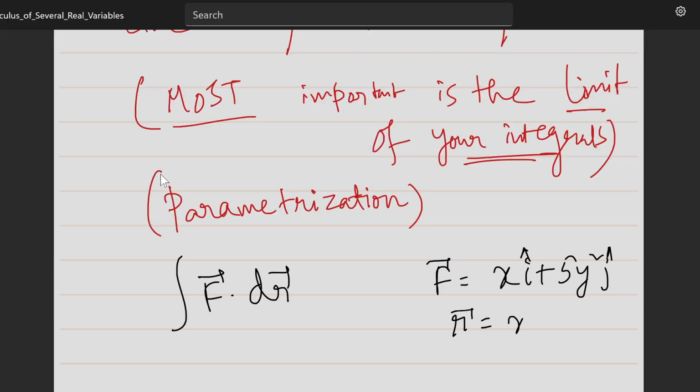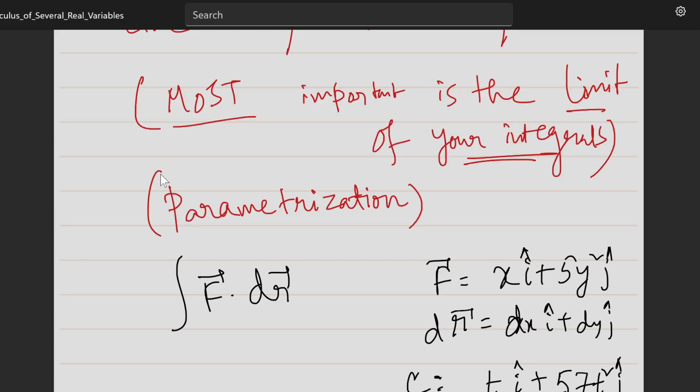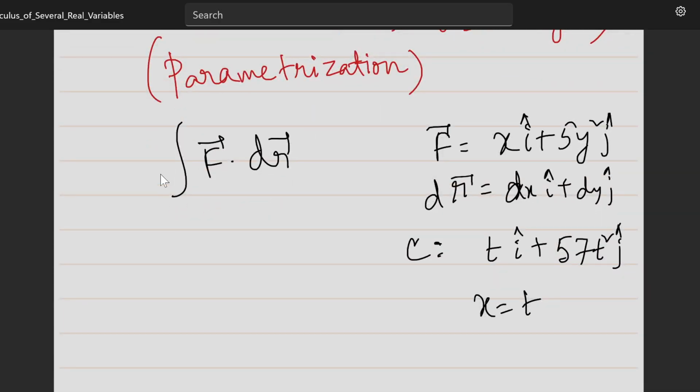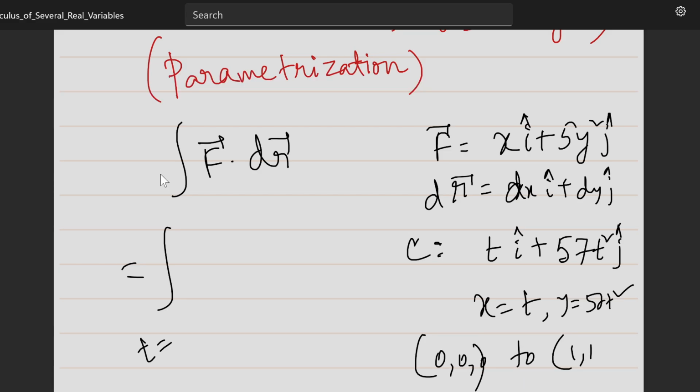Now dr is dx i plus dy j, in 2D, over the curve C, r equals t i plus 57 t squared j. So x is t and y is 57 t squared. Then t runs from 0 to 1.